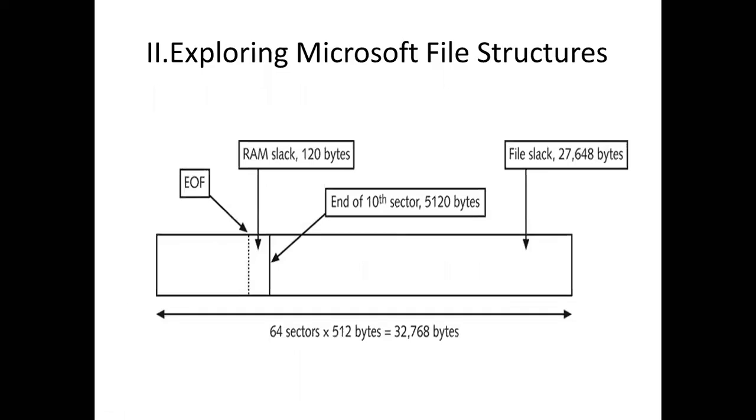So in this diagram, they have allocated 10 sectors initially. This is the end of the 10th sector. And for 10 sectors, the allocated bytes is 5,120 bytes. But we are using only 5,000 bytes for our text document. So this is the end of the file. From this end of the file up to the end of the 10th sector, there is a free, unused space of 120 bytes. Now, this is where your slack can be used. And generally, they call it RAM slack.